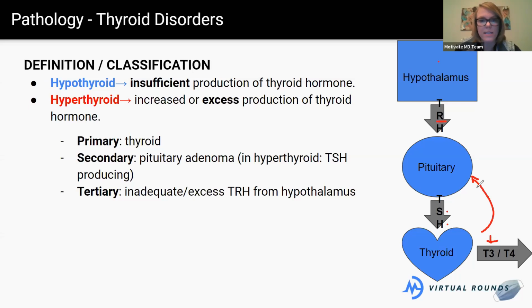Please release some more TSH. So TSH is being released, and we're getting a lot of it. As we can tell, our patient's TSH was 10, so it was very elevated. We're getting more thyroid stimulating hormone to try to act on that thyroid, which is sick.